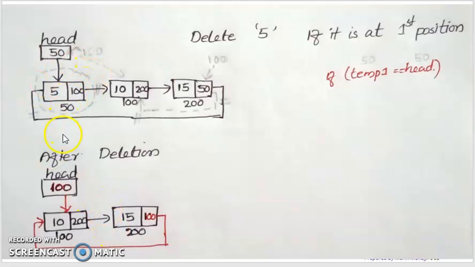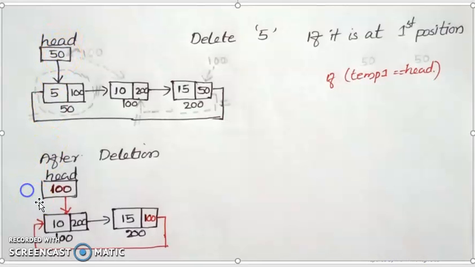Please look at the changes made after deleting this node. We can see that the head value has changed. Previously it was 50 and right now it is 100, and this node has been removed.